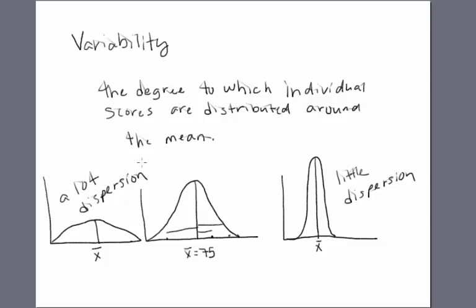In other words, the scores are very different from one another and the mean. The next thing we're going to look at is how we might calculate a value that could tell us how far on average a score is from the mean, any score.